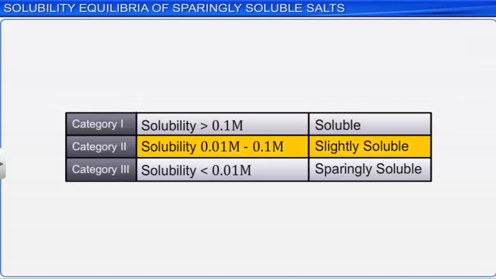Salts with solubility between 0.01 moles and 0.1 moles per liter are considered to be slightly soluble. And salts with solubility less than 0.01 moles per liter are considered to be sparingly soluble.